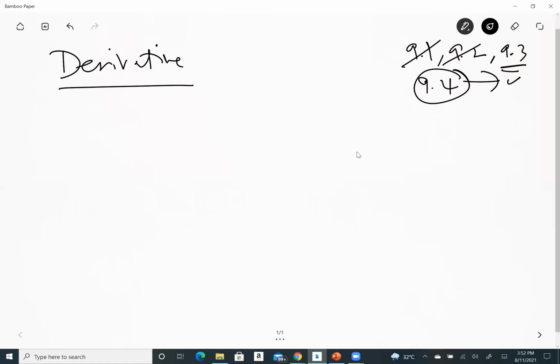Now, what is derivative? Derivative of a function. If you consider a general function, y equal to f of x, the derivative is the following.